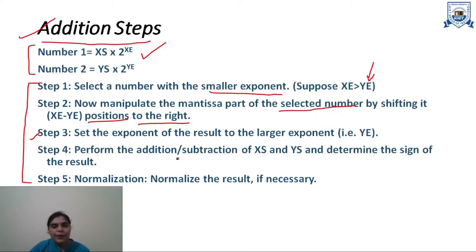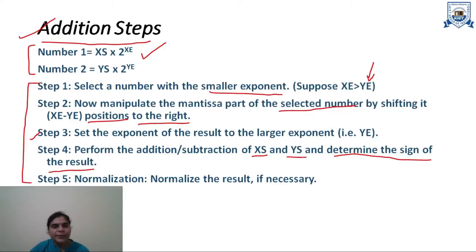Now perform the addition or subtraction of the significand of number 1 and the significand of number 2. After performing addition, we will determine the sign of the result. The final step is to normalize the result if it is not in normalized form.